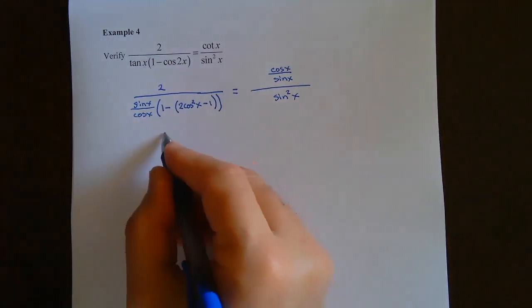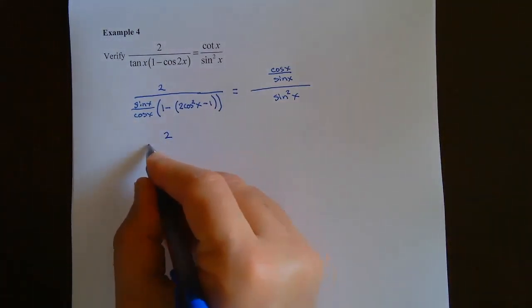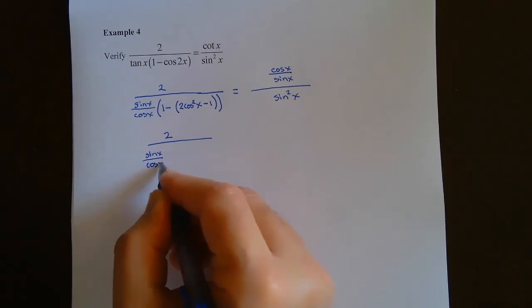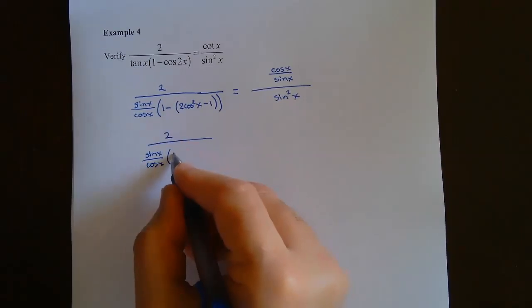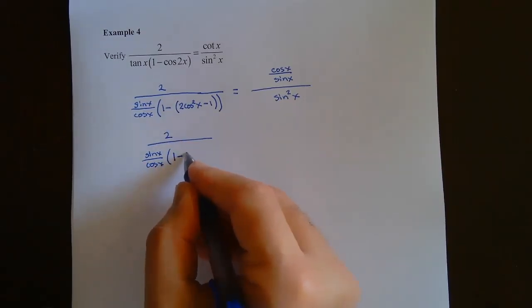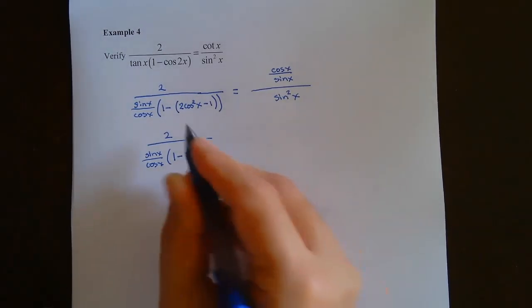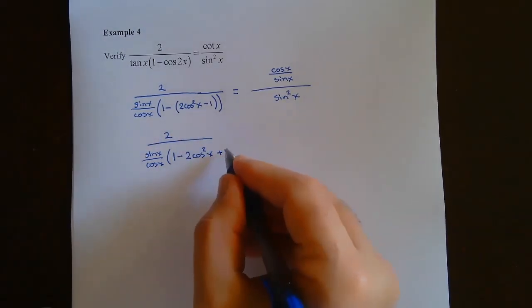So this would be 2 over sine x over cosine of x times 1 minus 2 cosine squared x, and then plus 1, right?